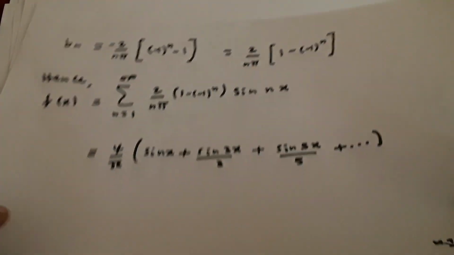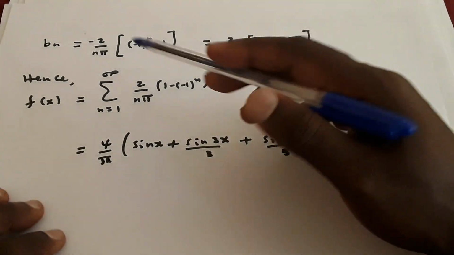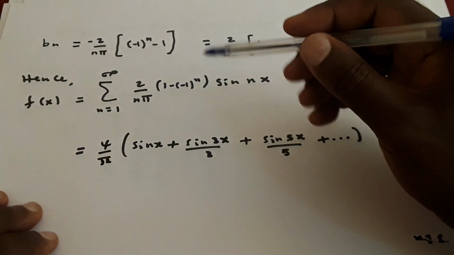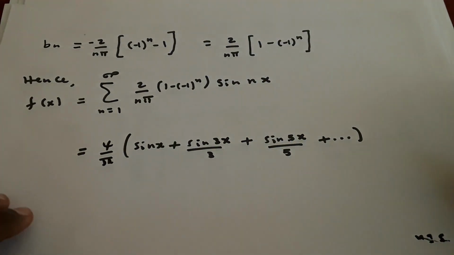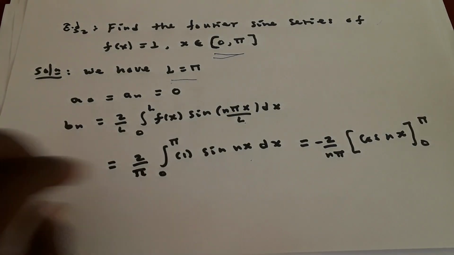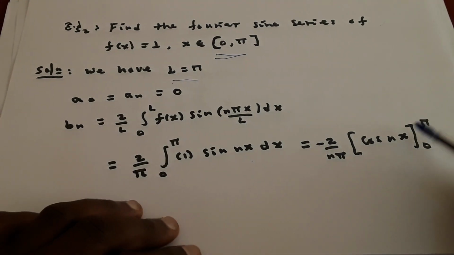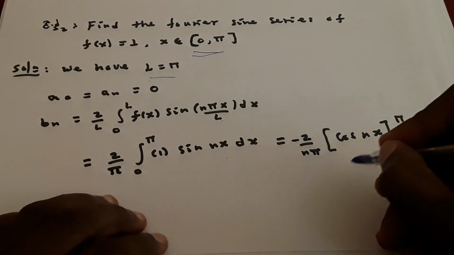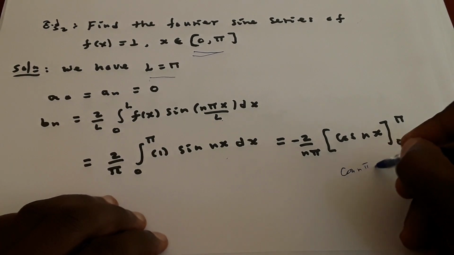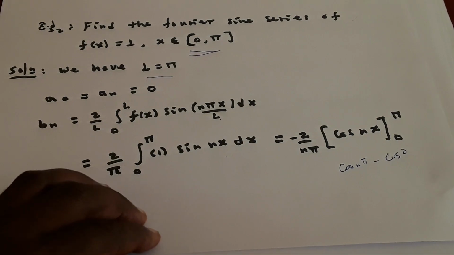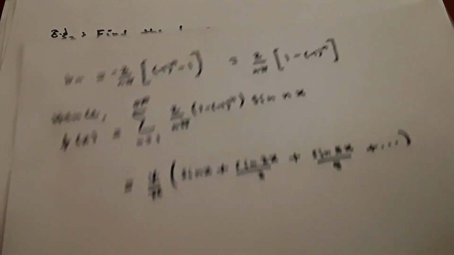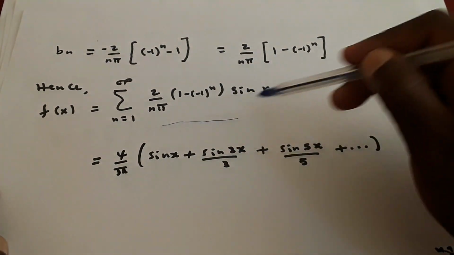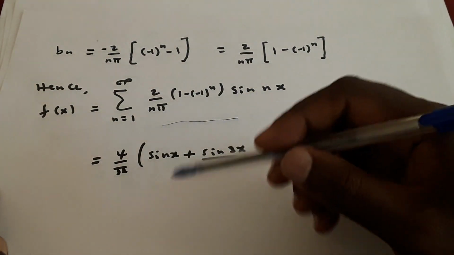So this b_n is in this form, because cos nx at pi is cos n pi, minus cos nx at 0, which is cos 0. That's why it remains with this form. Okay, so hence the Fourier sine series is here, only sine terms are assumed.